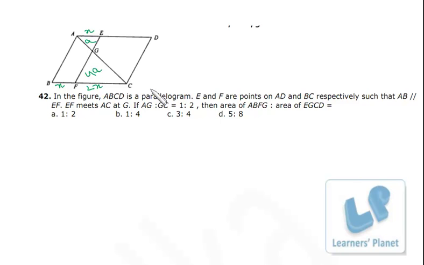Now see triangle CGF and triangle CAB. Triangle CGF is similar to triangle CAB, right? If two triangles are similar, their areas will once again be in the ratio of the squares of their sides.